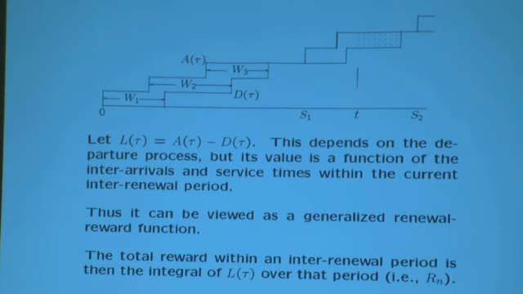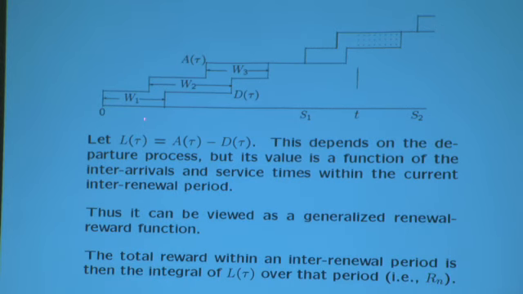The crux of Little's theorem is this equality between the integral of L of t and the sum of the waiting times of each customer. W1 is the waiting time of customer 0 in this case. W2 is the waiting time of customer 1.